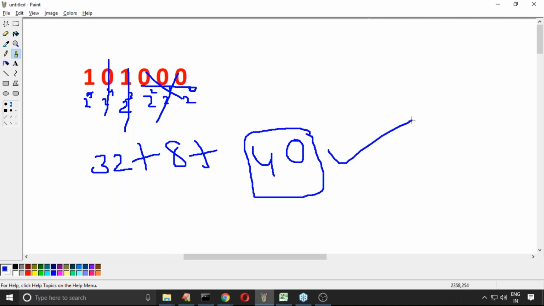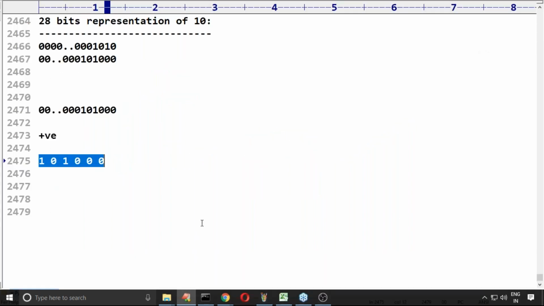Wow, how much mathematics is required, friends? Have you observed how much mathematics is required in this case? So the output we get by default is 40 itself.